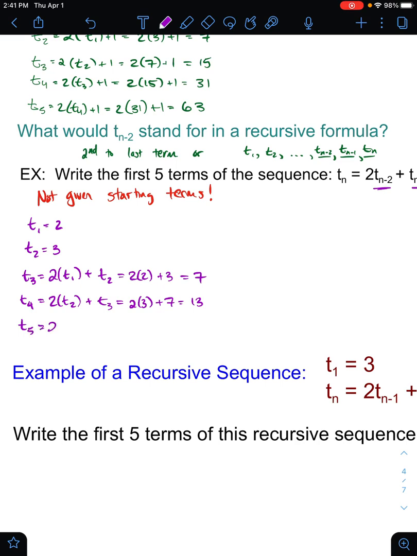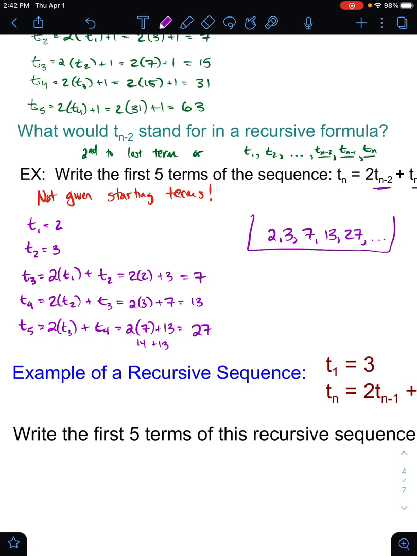And t sub 5 is 2 times t sub 3 plus t sub 4, which is going to be 2 times 7 plus 13, which is 14 plus 13, or 27. So our pattern is 2, 3, 7, 13, 27, dot, dot, dot.